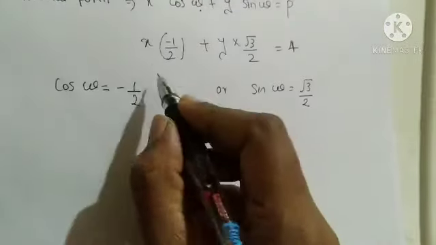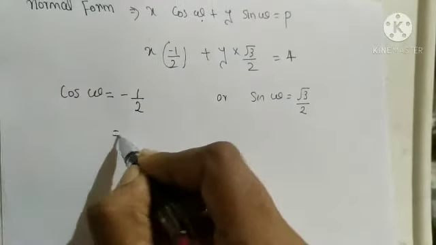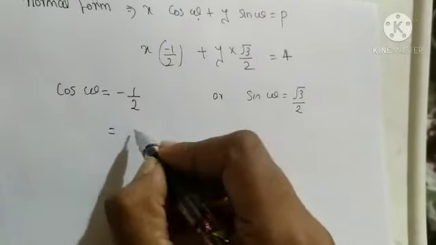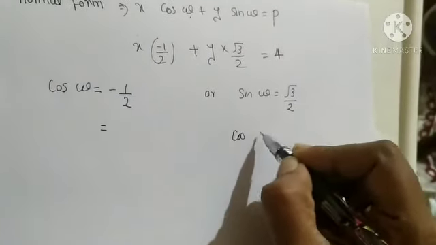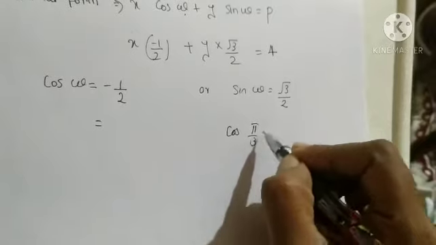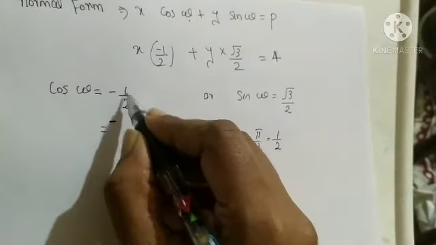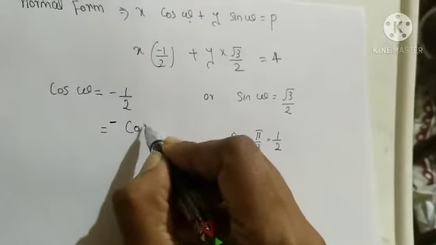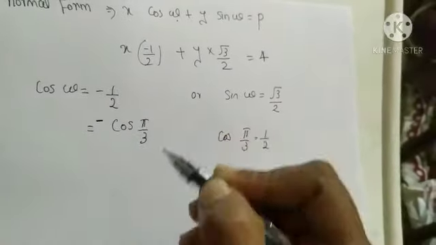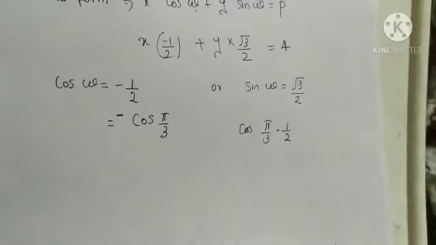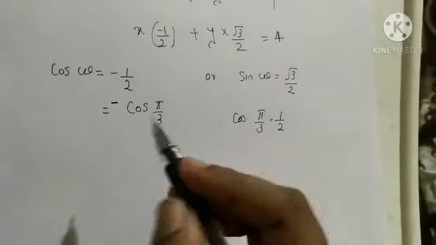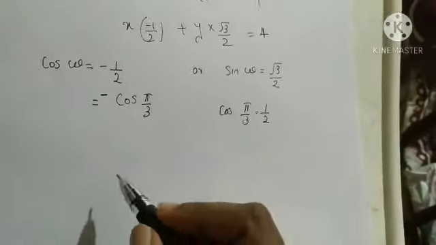So taking the negative value, we know that cos 60 is equal to 1 by 2, right? So I am writing this minus here and replacing this 1 by 2 with cos pi by 3.